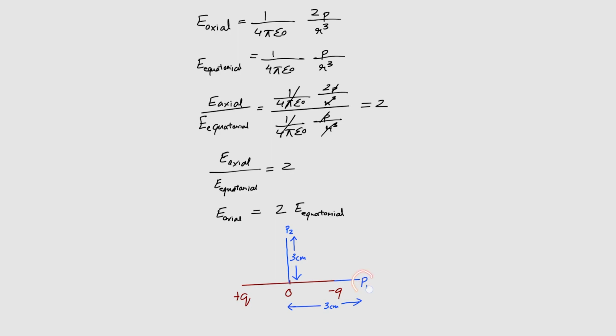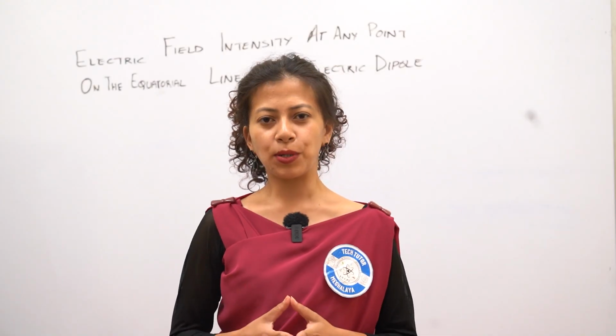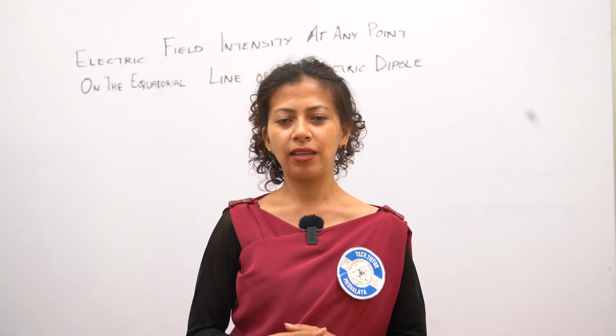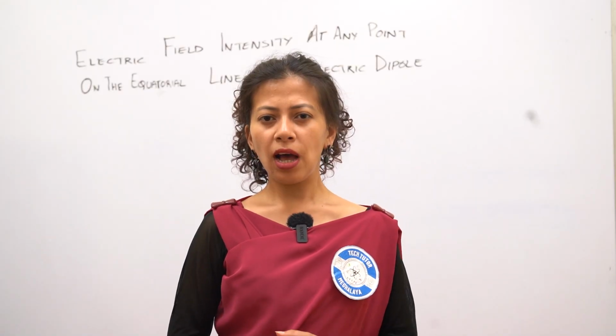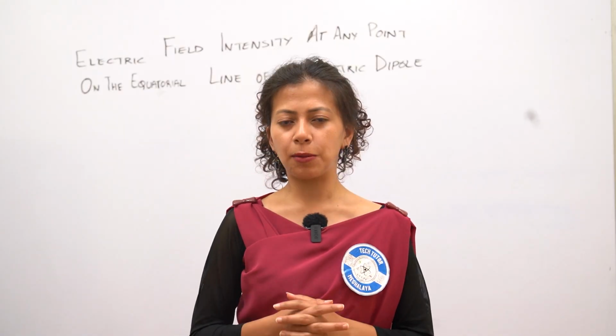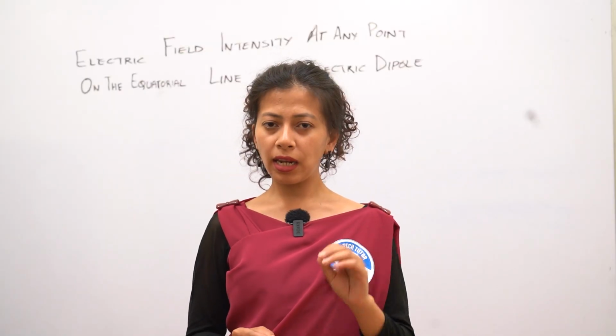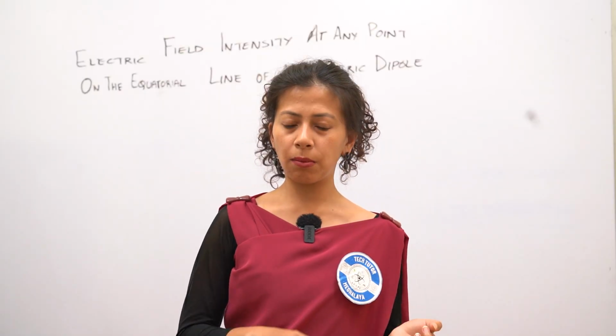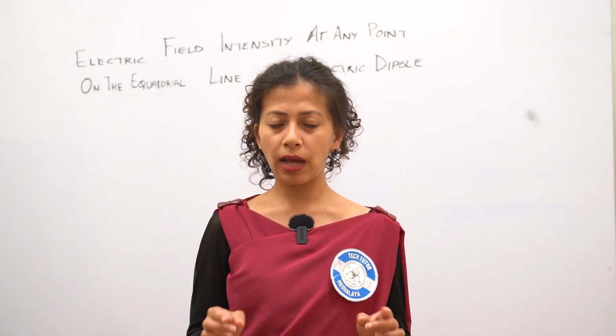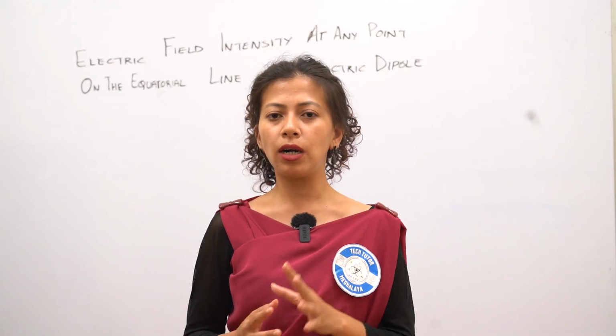So a charge on the axial line will experience a stronger electric field than on the equatorial line. In the next video we will look at the electric field intensity at any point due to a dipole.